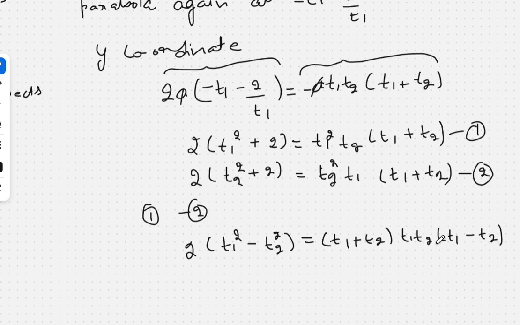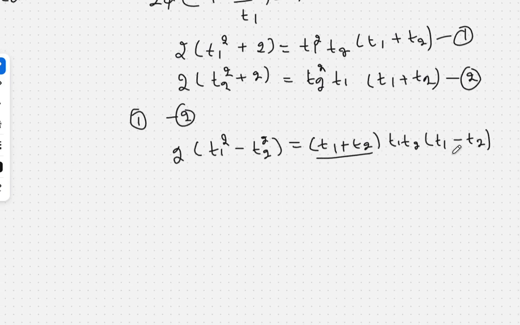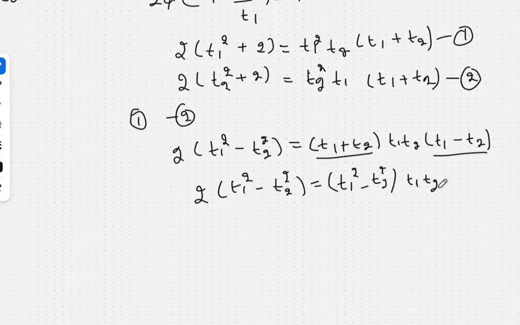Now I hope you can appreciate the fact that t1 plus t2 into t1 minus t2 will directly give you 2 times t1 square minus t2 square is equal to t1 square minus t2 square into t1 into t2. So t1 square minus t2 square cancels from both sides. From here you'll get the product t1 into t2 is equal to 2.